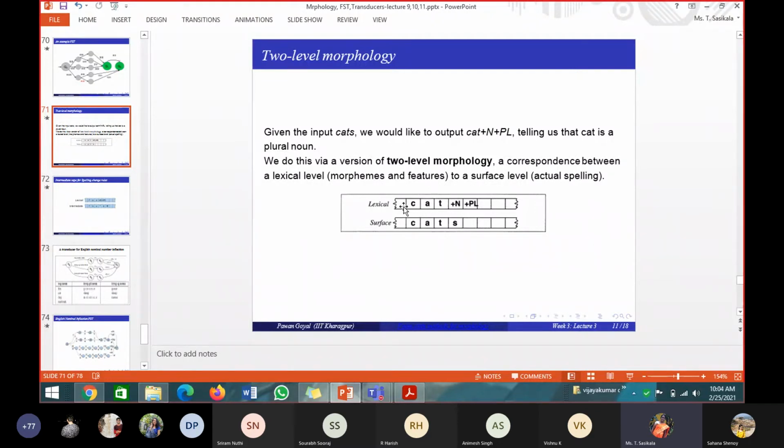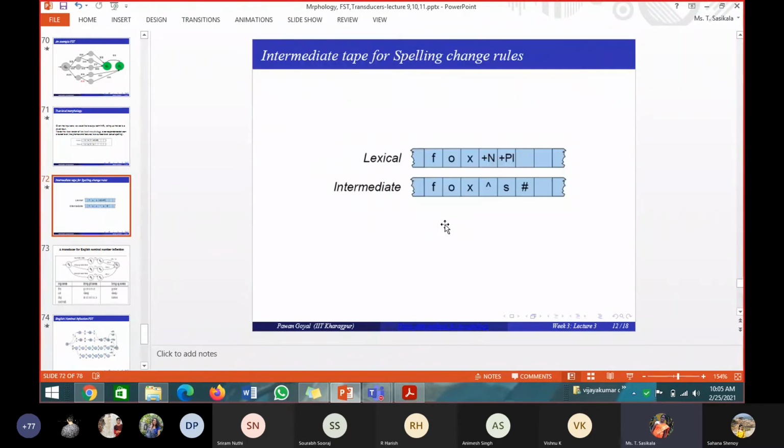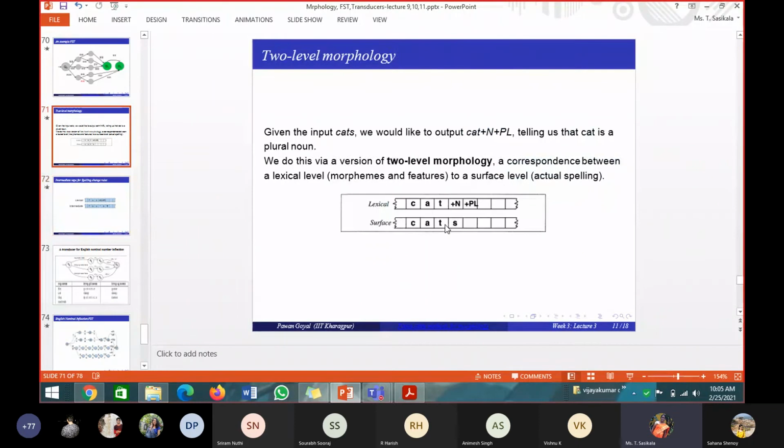Whether that will be possible in the two-level morphological process. The lower level is the surface level, the higher level is the lexical level. Can I go directly from the lexical output to the surface form for fox? No. So what do I have to do now? There are many ways to handle this. One way is to have an intermediate level between the lexical level and the surface level.